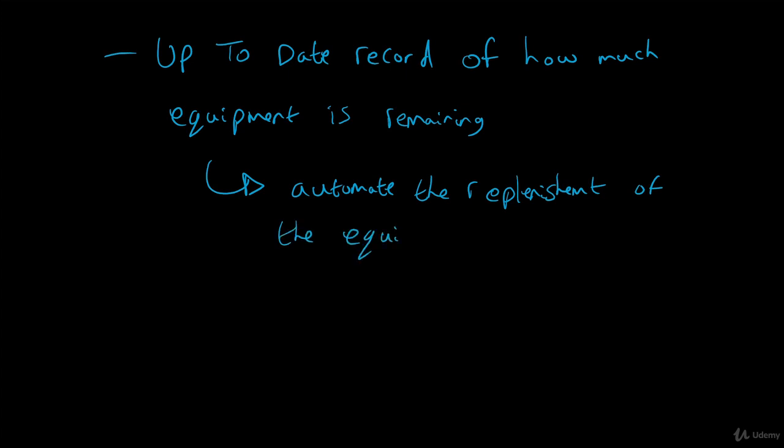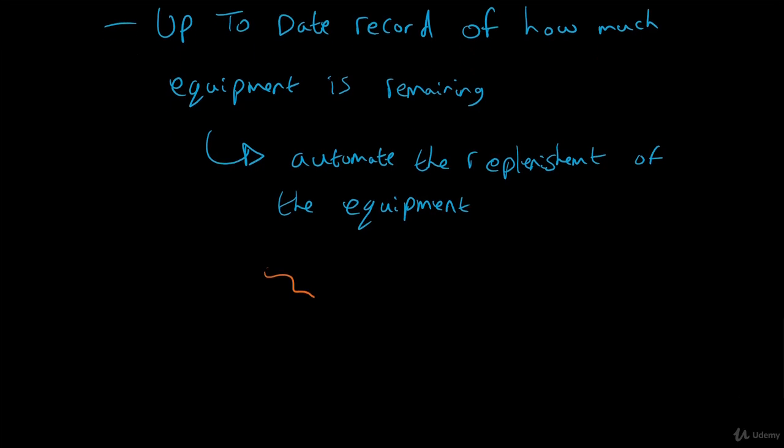So maybe it's just something small, you track how much you have left, it appears that the quantity is low, and as a result it just gets automatically reordered, and you know exactly where it is as well. So that is an amazing concept.